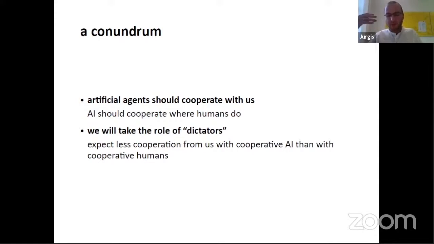So if humans perceive AI agents as utility maximizing entities that are out there to meet some specified objective, we are in the seat of the dictator, and we know that in that seat we cooperate with others less than in the seat when others choose their own objectives in these games.